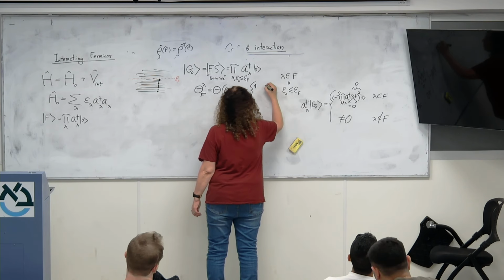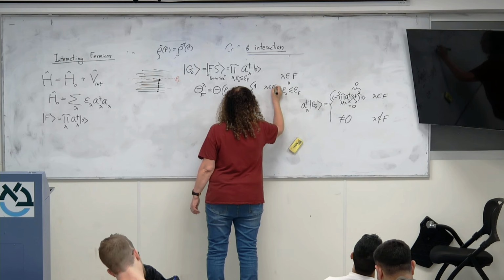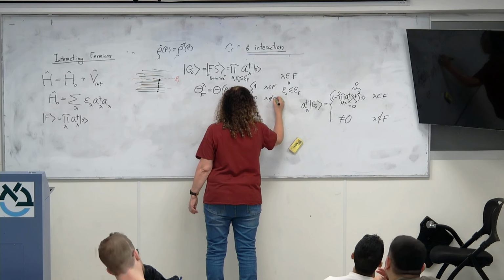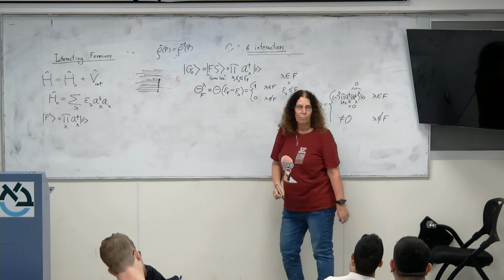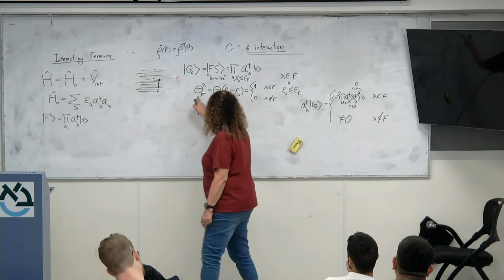It's 1 when lambda belongs to F, and it's 0 otherwise. Okay, that's just a definition.